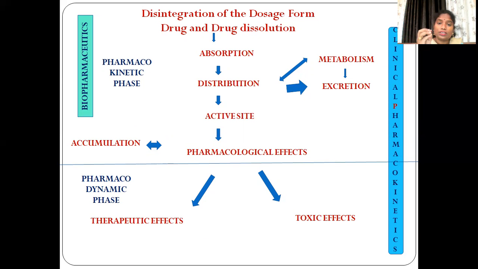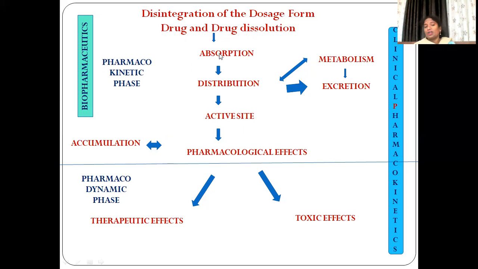After disintegration, the drug will be disaggregated into fine particles. After that, the drug dissolves in the gastric medium, which we call drug dissolution. After dissolution, it undergoes absorption, reaching the systemic circulation, which we call absorption.